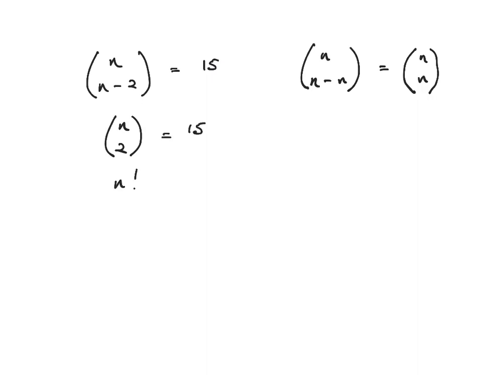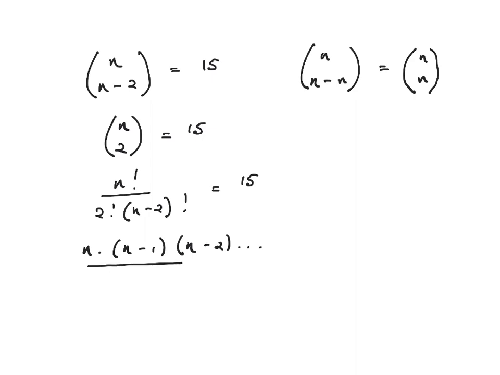So that's n factorial over 2 factorial times n minus 2 factorial equals 15. So we've got n, n minus 1, over 2 times 1 is 2, then n minus 2 factorial, equals 15.